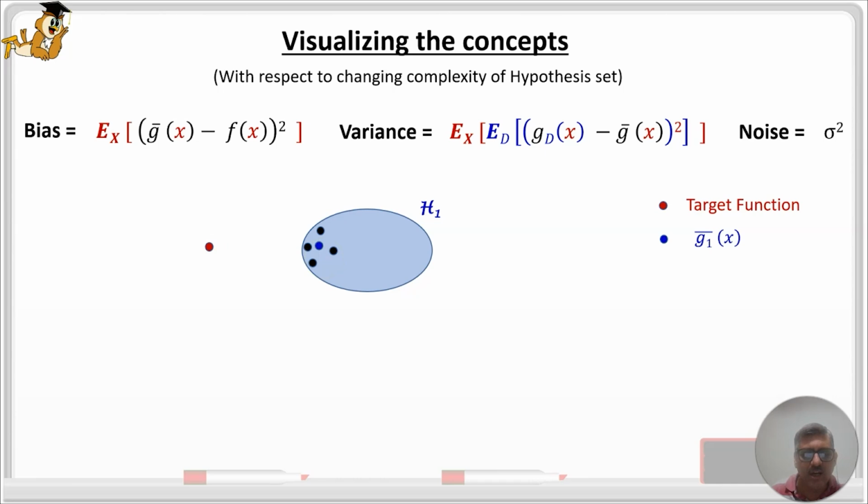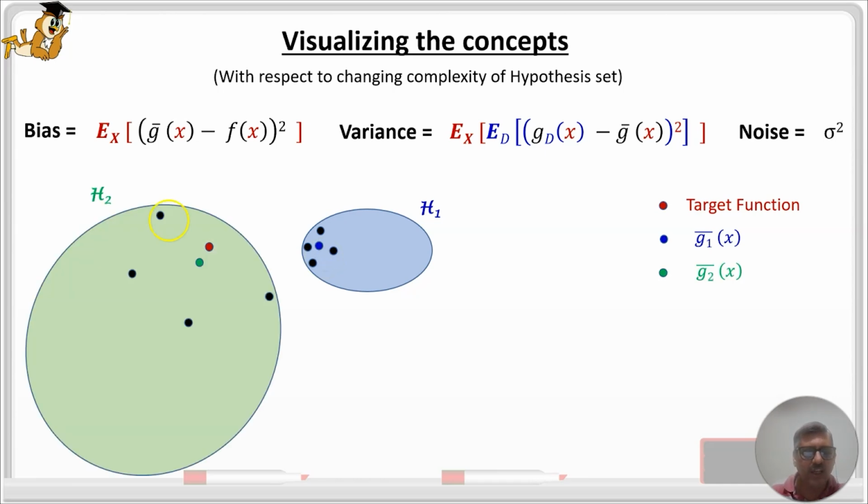Let us draw another hypothesis set H2, which I have indicated in the color green, and G2 bar of X is the average final hypothesis over this set H2. As you can imagine, the average best hypothesis over H2 is pretty close to your target function. However, the variance in this case, which would be the average distance square between the black dots and the green dot, is significantly higher.